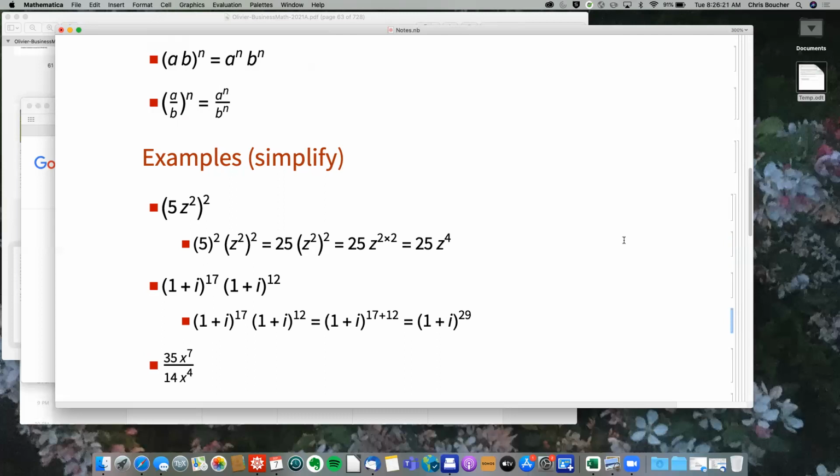Now, we know what this means, right? 1 plus I to the 29 power is 1 plus I times 1 plus I times 1 plus I, 29 times.